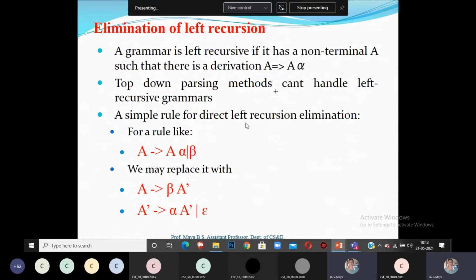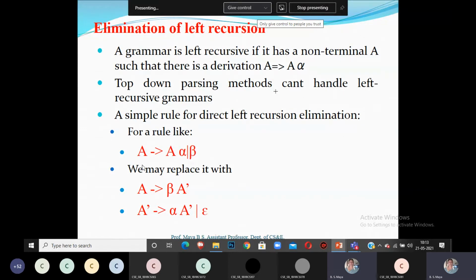A simple rule for direct left recursion elimination; this carries 2 marks. Define left recursion: the grammar has a left recursion of a non-terminal A such that there is a derivation A derives A alpha. Then it can be replaced: A derives A alpha or beta.